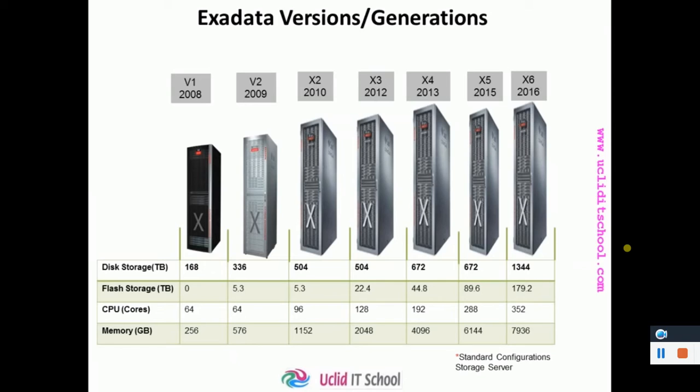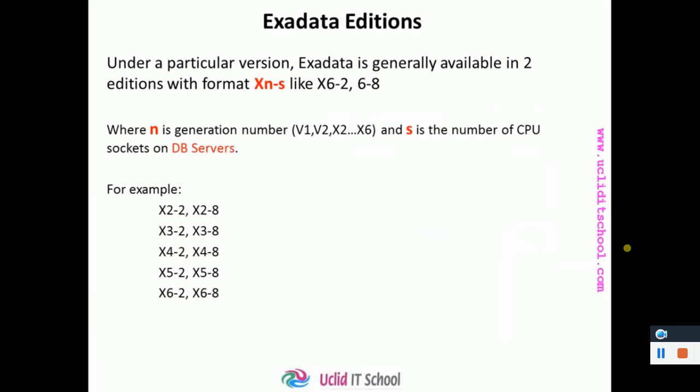So this is something about Exadata versions, also called generations. Now there is another concept called editions, Exadata editions. Under a particular version, Exadata is generally available in two editions.